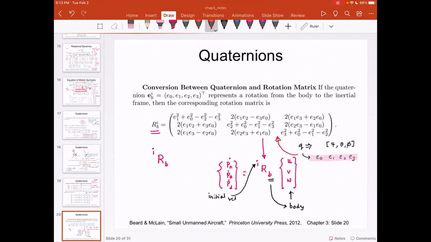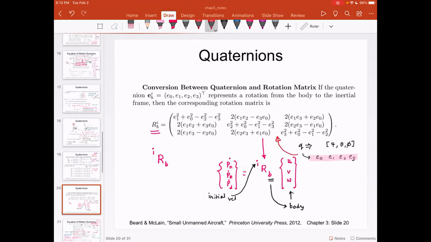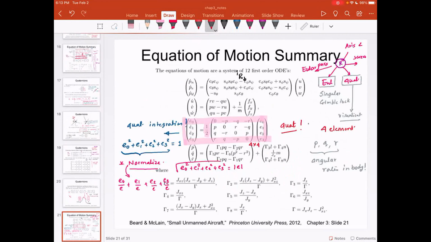Again, this rotation matrix is used to transfer body angular velocities to inertial velocities, and these inertial velocities are integrated to find inertial distances. Now, the next important question is what happens when we are actually going to perform the integration.